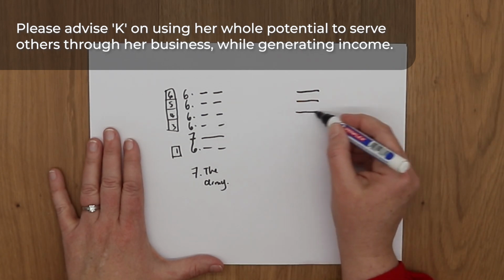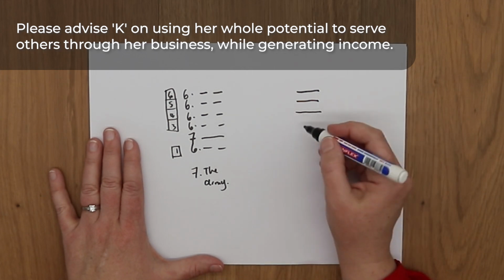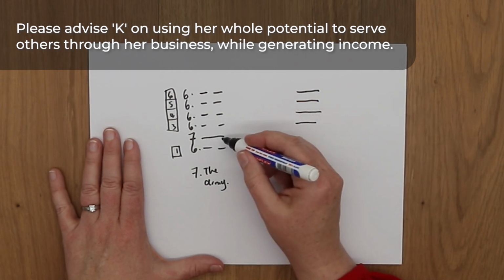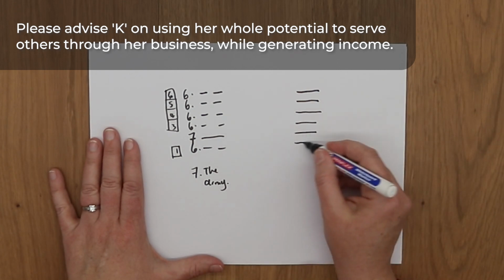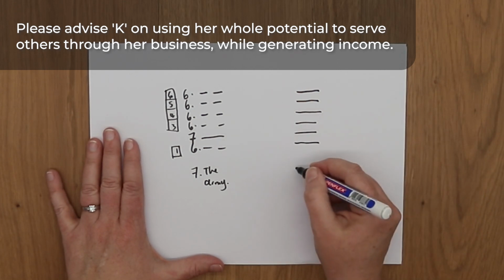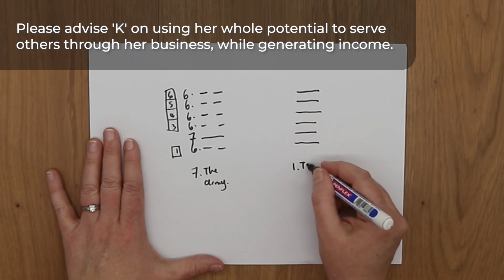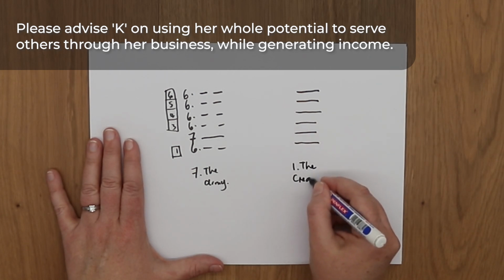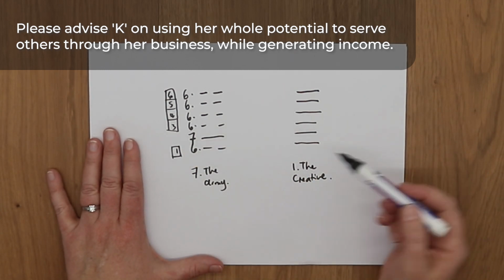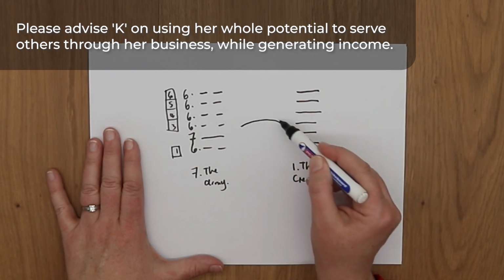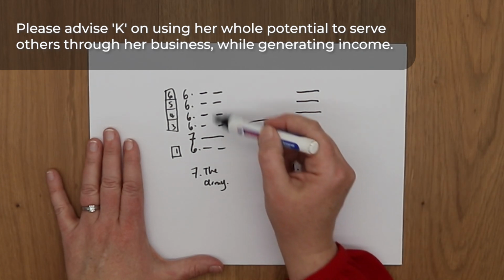That yin line becomes a yang line, that line becomes a yang line, that one stays a yang line, and this one becomes a yang line. And what we're left with is hexagram 1, the creative.